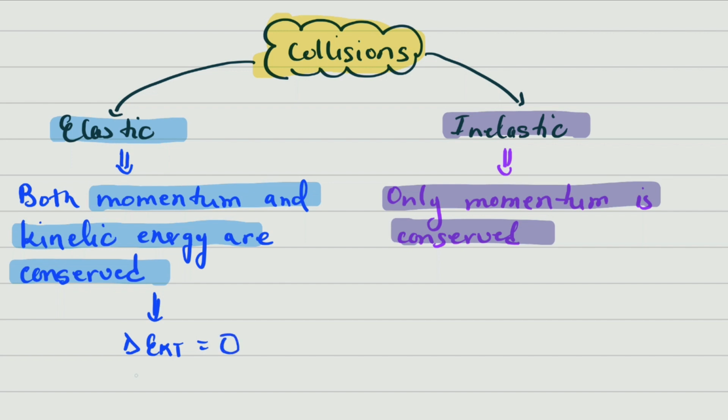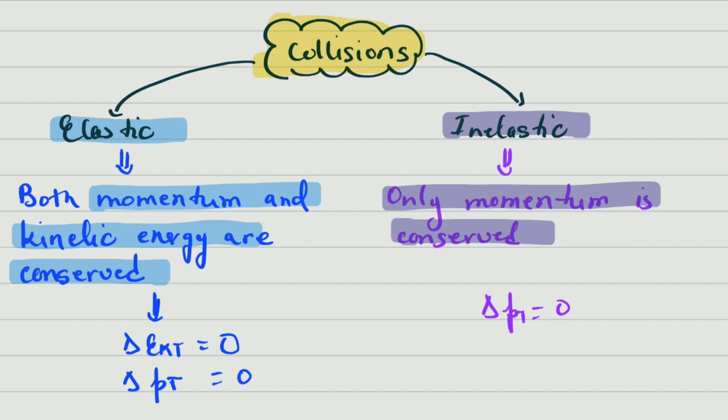It will not change. And we can also say that the change in total linear momentum is also equal to 0. But in the inelastic collision, only momentum will not change. So total momentum or change of total momentum will be equal to 0. This won't happen to kinetic energy. Okay, so this is about collisions.